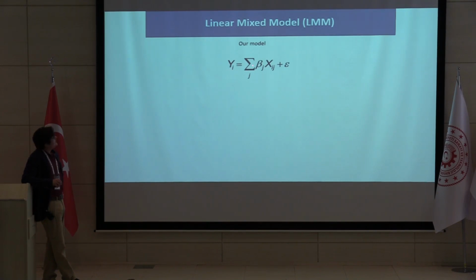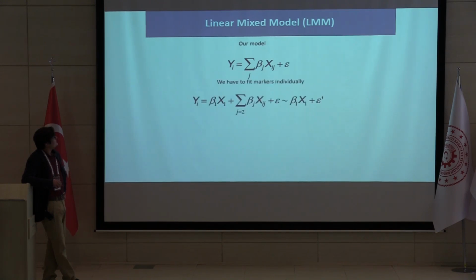So that's Y. And the simplest possible model is that this phenotype is given by non-genetic factors, epsilon. That's just what we call environment. I have no idea why it's called environment. It can be whatever, but it's usually called environment. And then there's the locus effect. So j is the index of a locus. Beta is the effect of the locus, and we multiply the locus effect by the genotype.